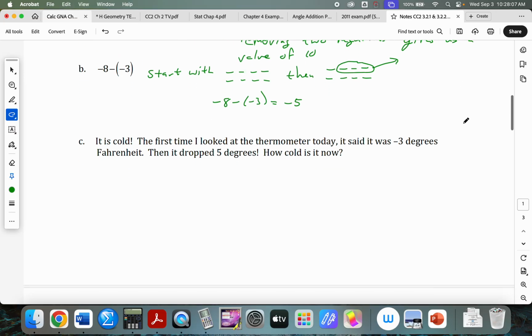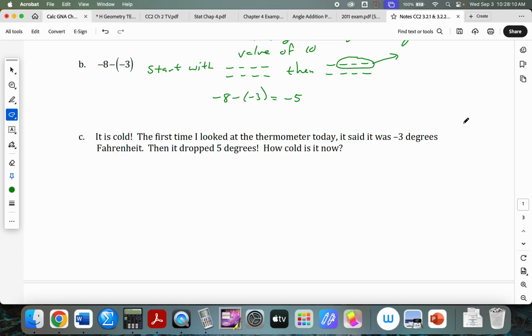All right, and here they gave us to us as a story. It's cold. The first time I looked at the thermometer today, it said it was -3 degrees Fahrenheit. Then it dropped 5 more degrees. How cold is it now? So we started with -3. Now here's where it gets a little bit tricky to draw.